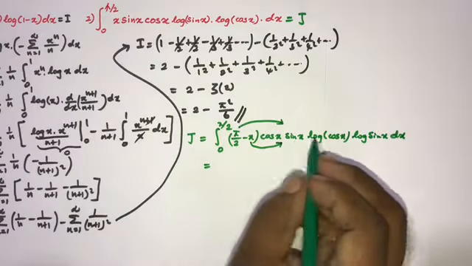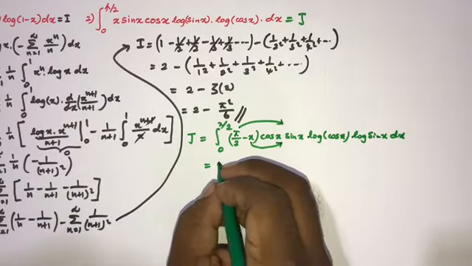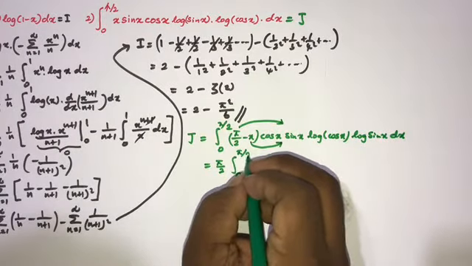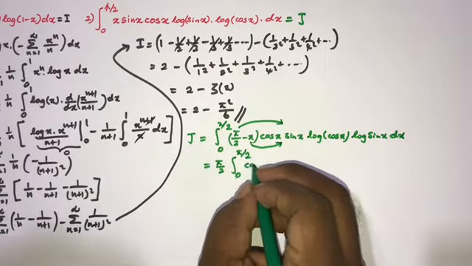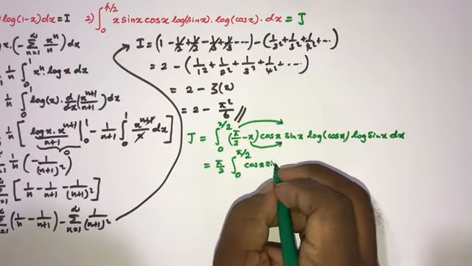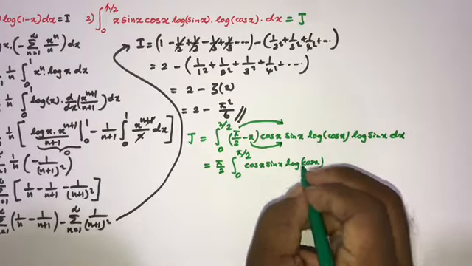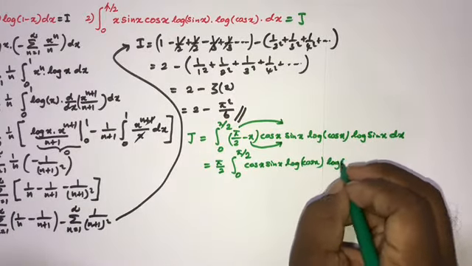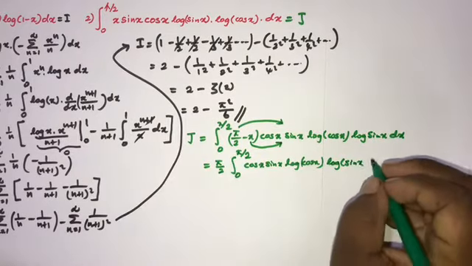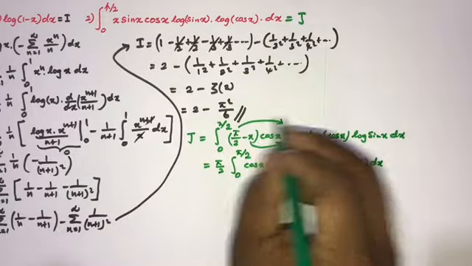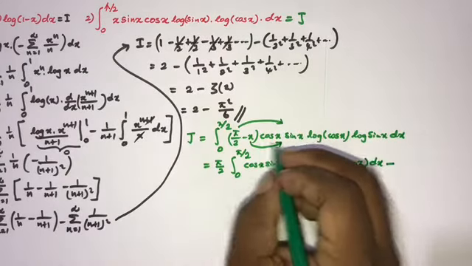If we multiply by π over 2, we can write here π over 2 integral from 0 to π over 2, now cosine of x, sine of x, natural log of cosine of x, natural log of sine of x dx, then minus x times these terms.